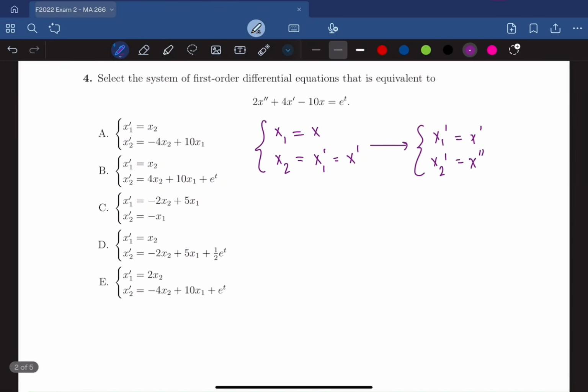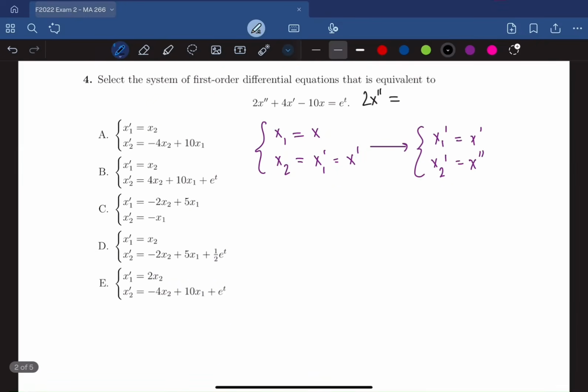And now we can use our given equation to find out exactly what x double prime is. We're just going to use basic algebra: add 10x and subtract our 4x prime to the other side, and then divide by 2.